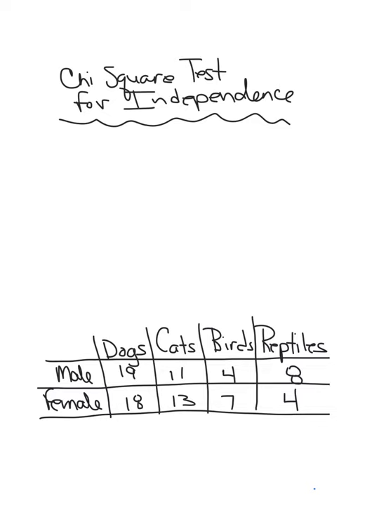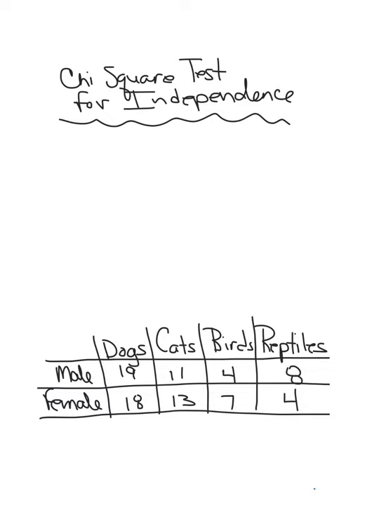I'm going to walk through the chi-square test for independence with you, going through the entire process, all 4 steps. So using our independent variable of preference of animal, if we were just using preference of animal and looking at frequencies of preferences, it would be a goodness of fit.